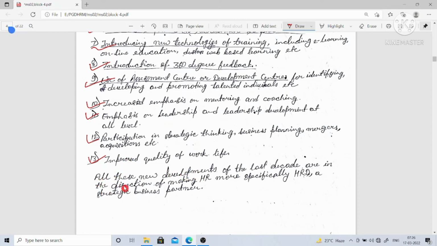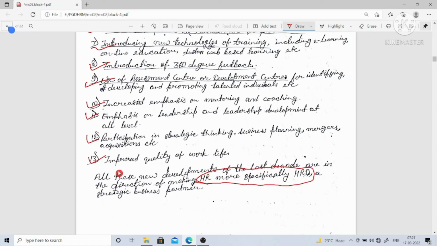All these new developments of the last decade are in the direction of making human resource, more specifically human resource development, a strategic business partner. You can see. So what is happening here is that all these developments of the last decades are in the direction of making human resource, more specifically human resource development, a strategic business partner.